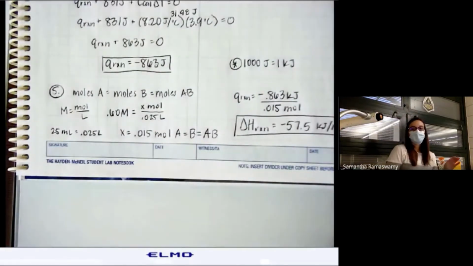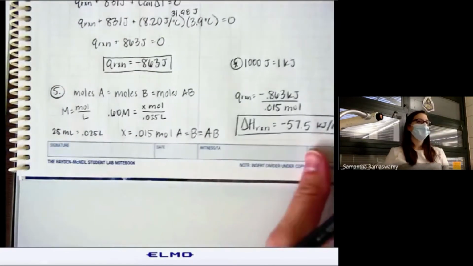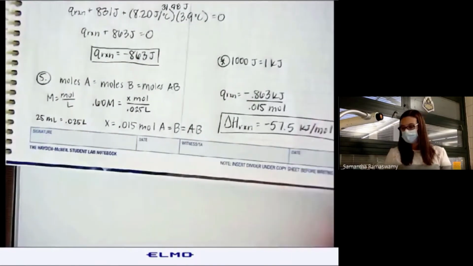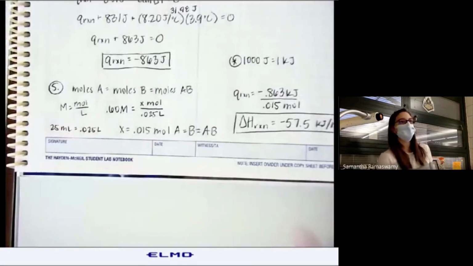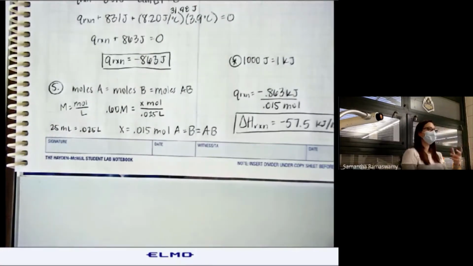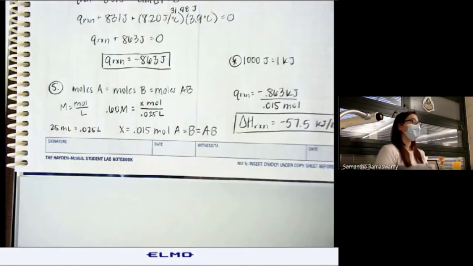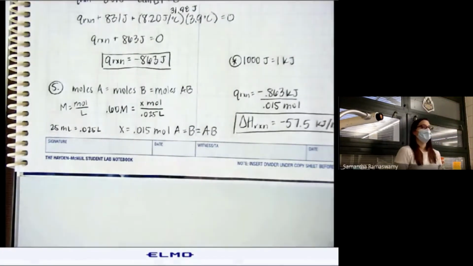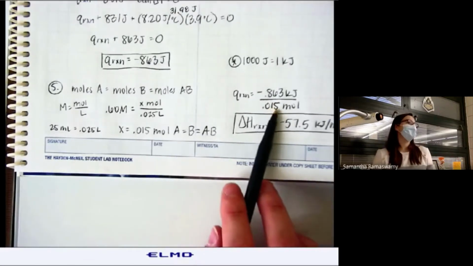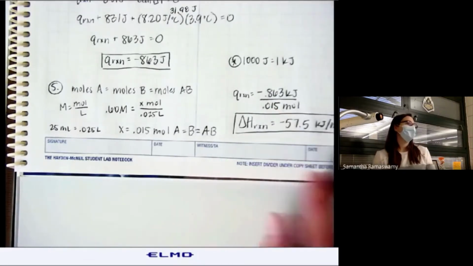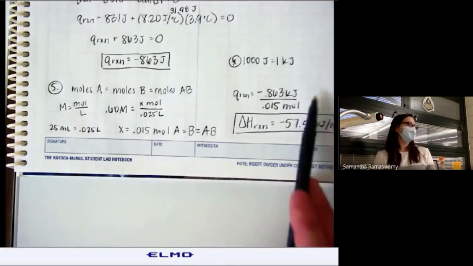So delta H is always going to want kilojoules per mole. To do that, we take our Q, which is in joules, convert to kilojoules, so divide by 1,000, and then we divide by moles. What we looked at last week is we always had grams on the bottom because they gave us grams, and then we just converted using molar mass. We did that mole conversion off to the side at the same time.